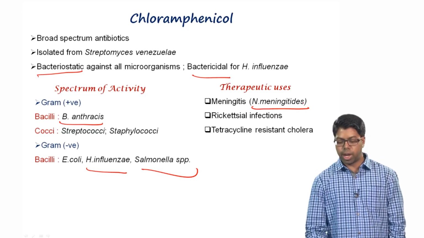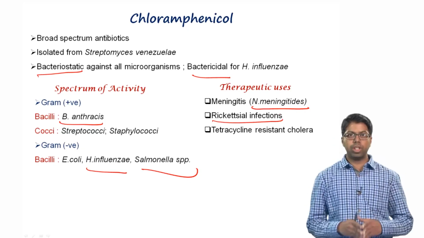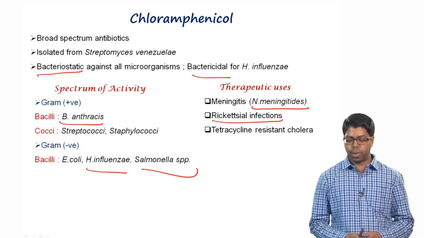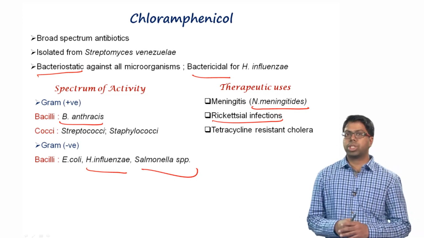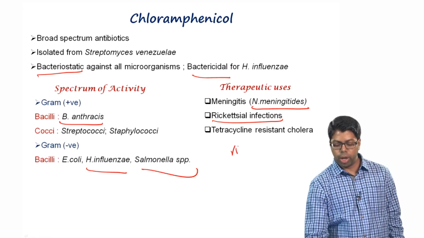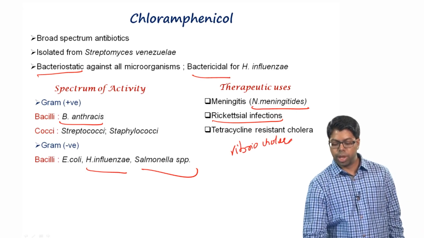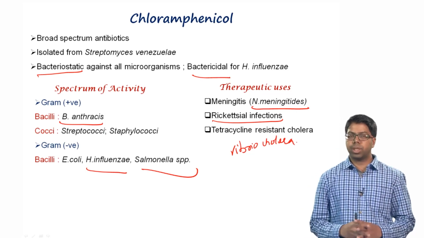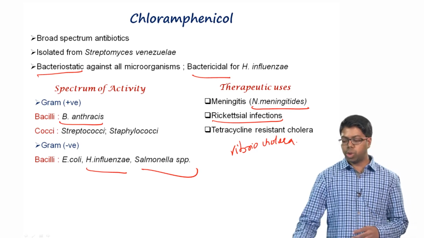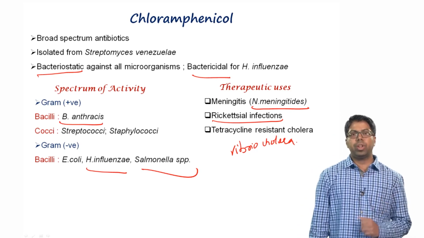It is also effective against rickettsial infections, characterized by fever, rash, flu-like symptoms, etc. Chloramphenicol is also good against tetracycline resistant cholera, caused by Vibrio cholerae, which is associated with severe watery diarrhea leading to dehydration and to the death of the patient if not treated at the appropriate time.